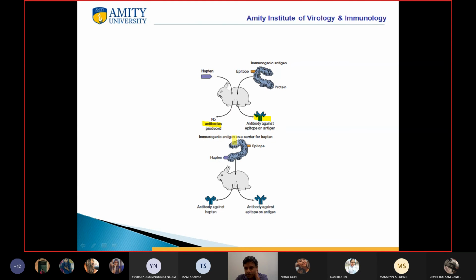But in this case, this is a hapten carrier conjugate, so on this protein you now have the hapten attached. If you inject this, you will find antibodies against both the carrier protein as well as the hapten. I'll stop here, and after 5 minutes we have another class and we'll continue this discussion.